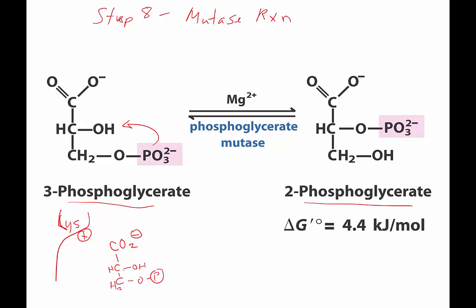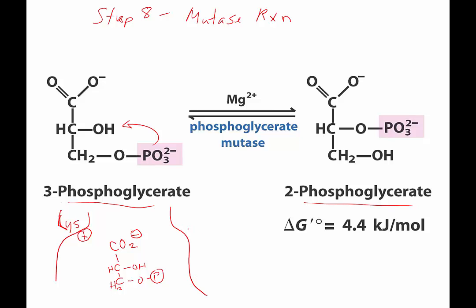And so our phosphoryl group is attached here. This would be our 3-phosphoglycerate. Now also in the active site of this enzyme is a histidine. And it turns out that this histidine has the ability to phosphorylate and be phosphorylated.